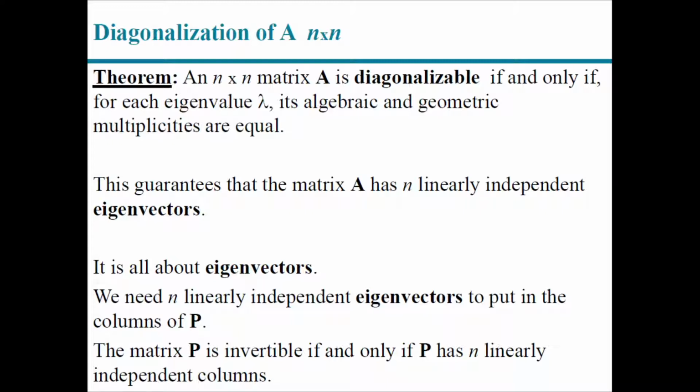Let's say I have an eigenvalue of algebraic multiplicity 1, its geometric multiplicity will be 1 automatically. That's great. But what happens when I have an eigenvalue of algebraic multiplicity 4? Well, then its geometric multiplicity needs to be 4. If it's not, bye-bye, A is not diagonalizable. So that will be a test.